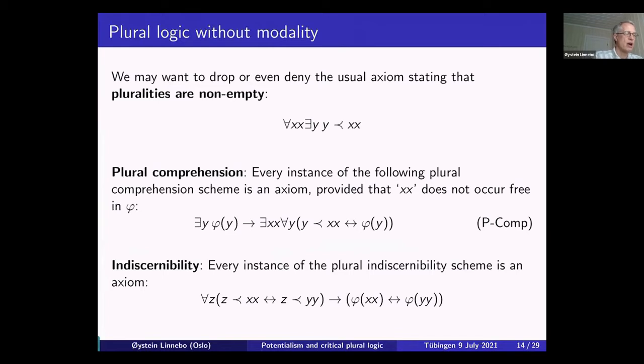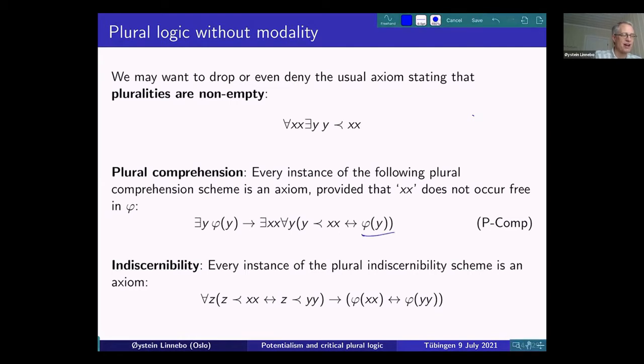So very often you have an axiom to the effect that pluralities are non-empty. To talk about some things, there's got to be at least one thing among those things. We may consider dropping that, since if you use pluralities to obtain sets, if you want an empty set, you also need an empty plurality. So I sometimes allow myself that. Then you have these plural comprehension axioms, which I already talked about.